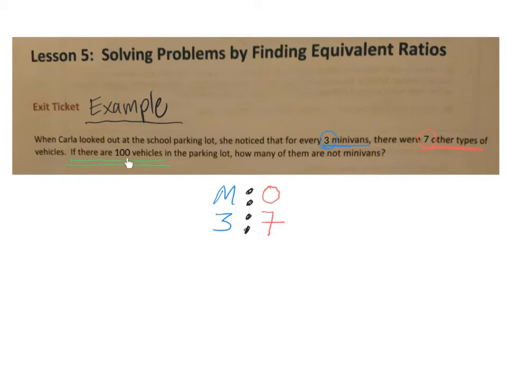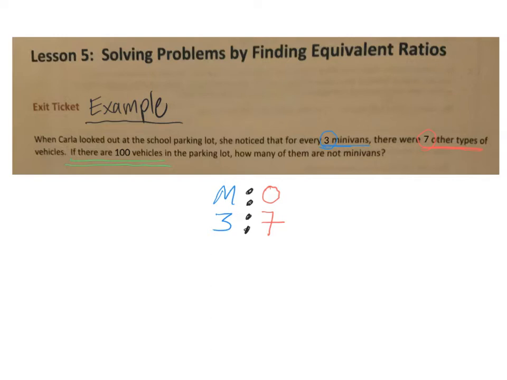So this number here is actually the total amount of vehicles in the parking lot when Carla is looking out at the school parking lot. So there's a total of 100 vehicles. And right here, we don't have the total. We can get the total by adding both parts together. But right now, we just have the minivans and the other types of vehicles. So what we have to do is add them together, and we're going to do that now.